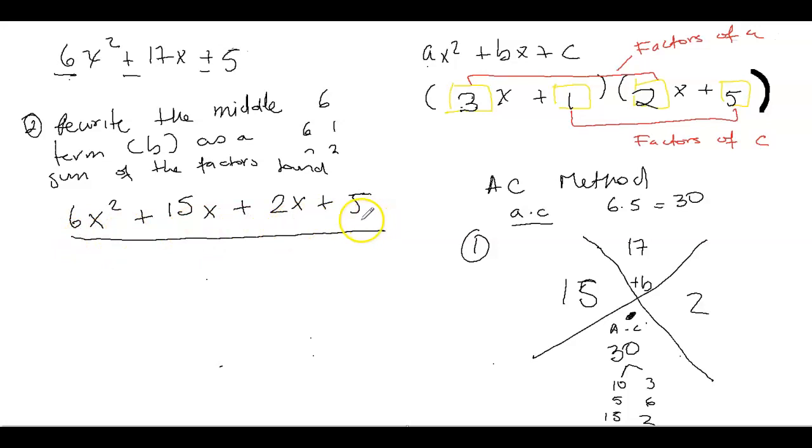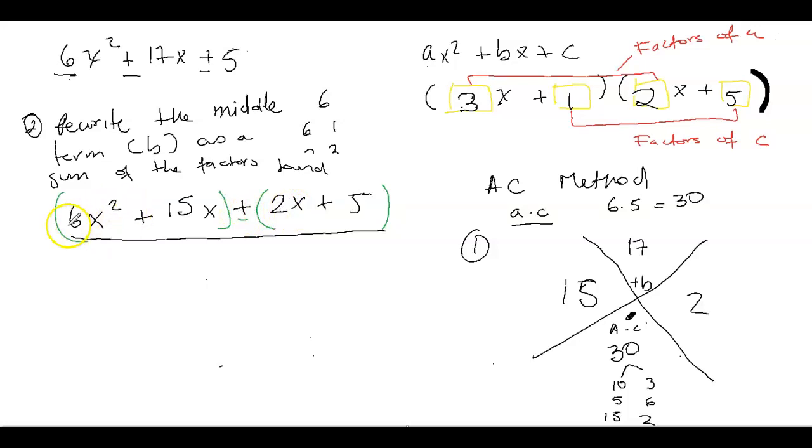When I write it like this, I can factor by grouping. Just notice that I'm going to leave the plus sign outside, because otherwise it would look like a product, and it wouldn't be the correct operation.